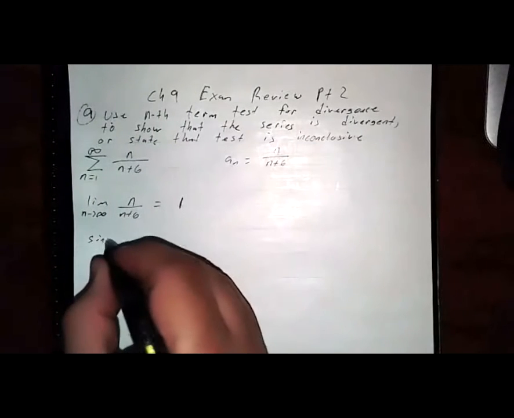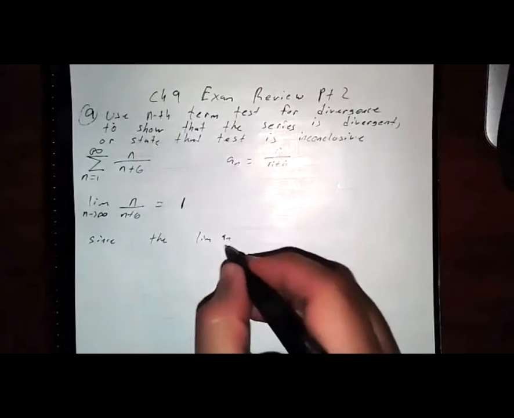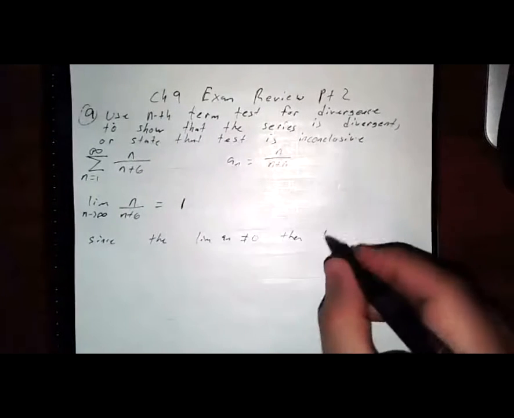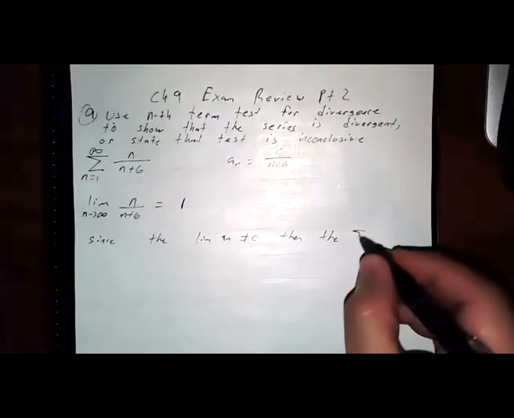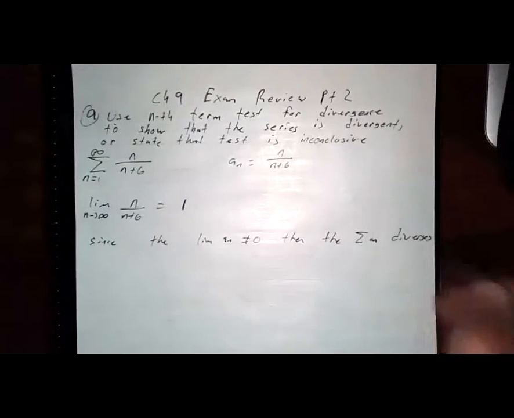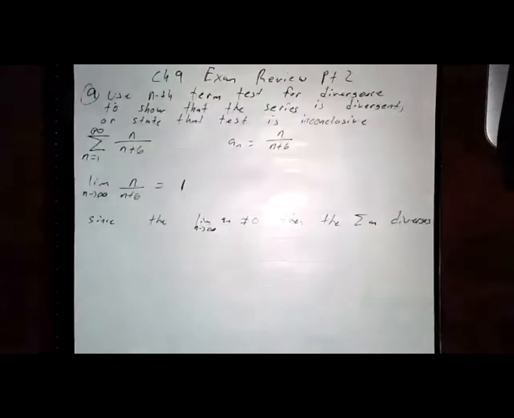So since the limit of a sub n is not equal to 0, then the series of a sub n diverges. So that's what you'd have to say on the test. Any questions on number 9?